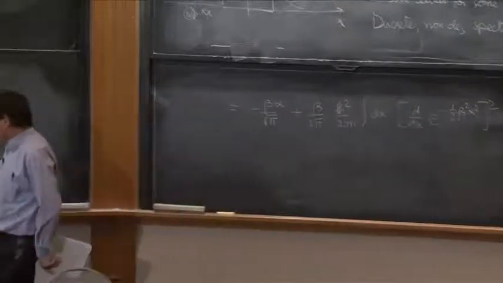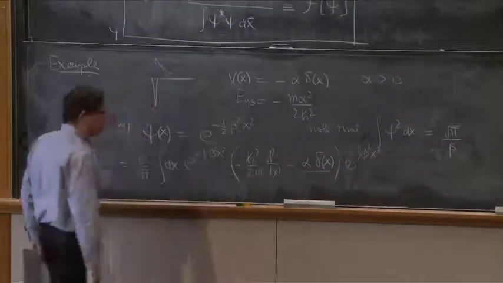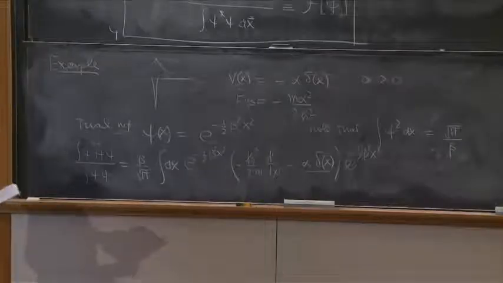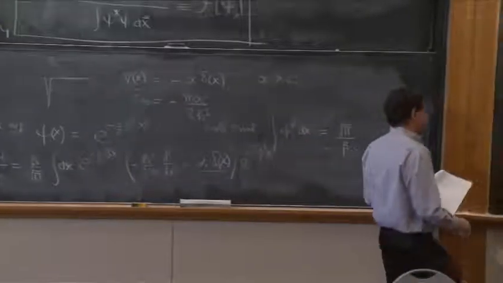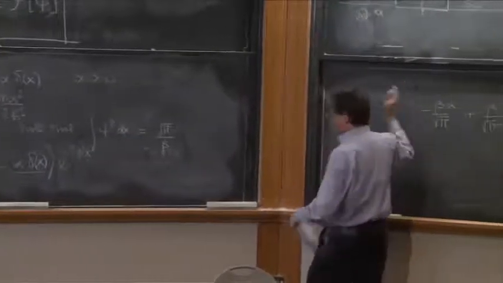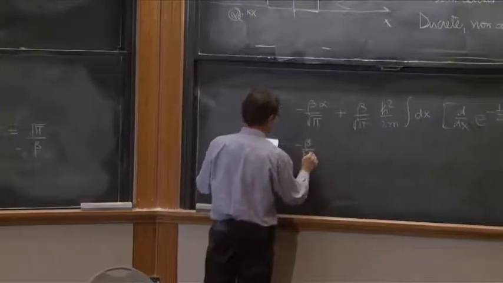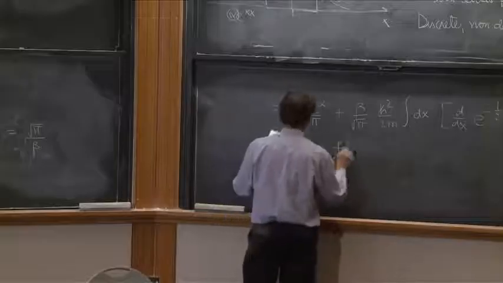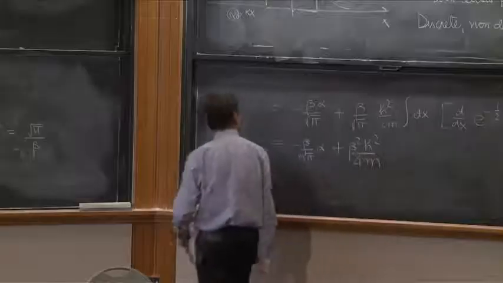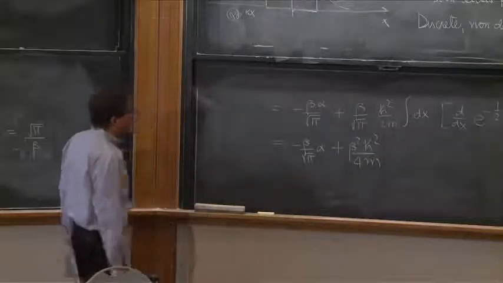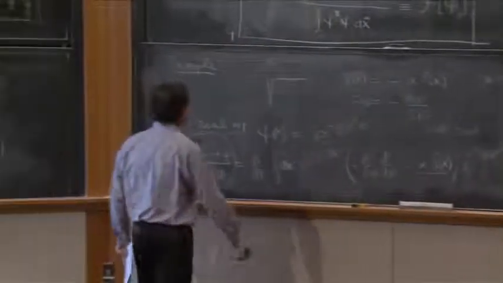So you integrate by parts one of the d dx's, and then you have the other d dx, so it's the thing squared. And that's an easier integral to do. So this whole thing then becomes minus beta over square root of pi alpha plus beta squared h-bar squared over 4m. That's the whole answer, and that's the evaluation of this whole thing.